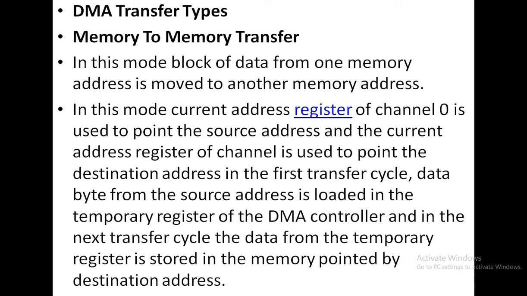The DMA controller here works as a mediator to transfer the data from the source address memory to the destination address memory, with the help of the registers. It transfers the data from one memory location to another memory location.